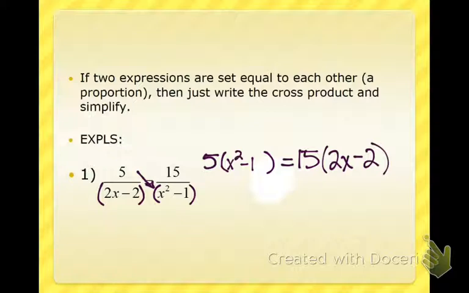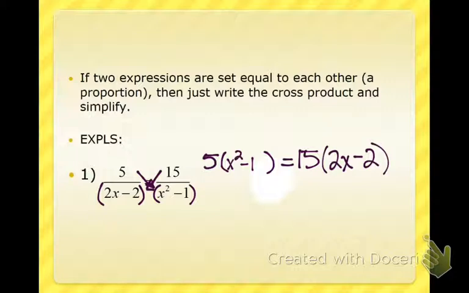Good. Questions about our cross products? Now, some people forget when they do cross products that there is an equal sign in between them. Some people like to leave these as a fraction for some reason and then are confused about what to do. That would be confusing. We need an equal sign in there.